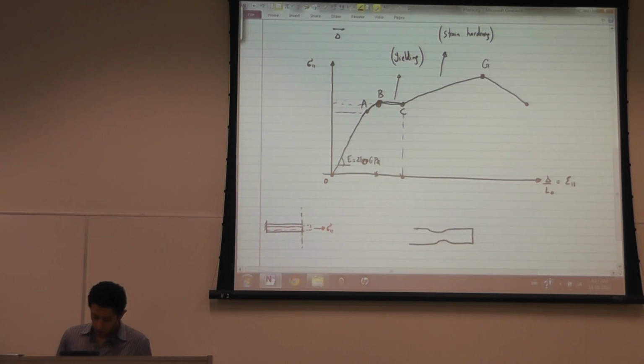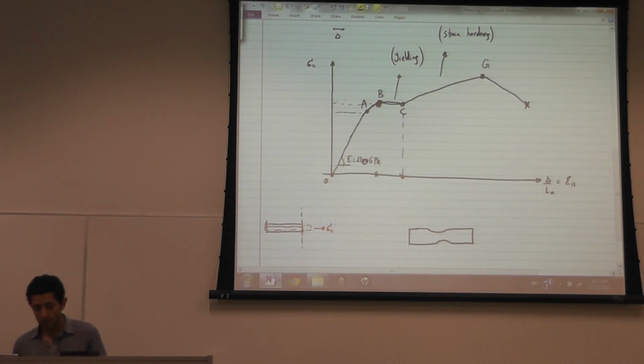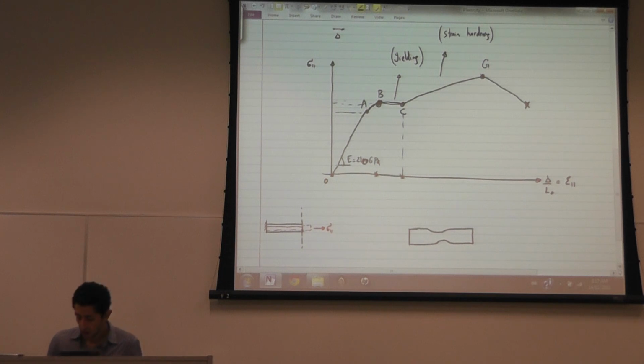And it becomes very unstable. It doesn't take much to break. And the stress decreases while the strain increases.